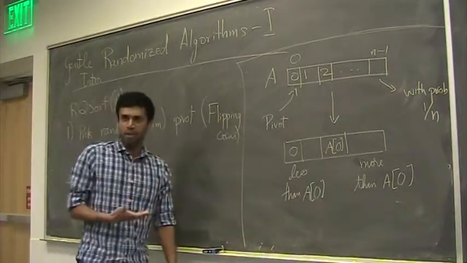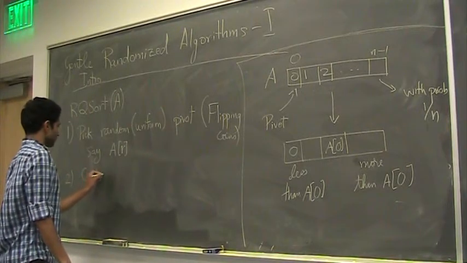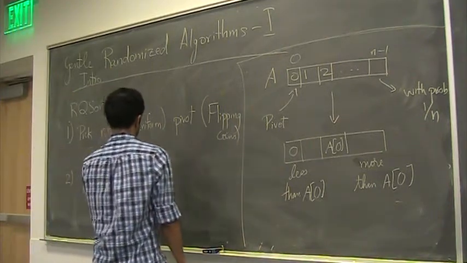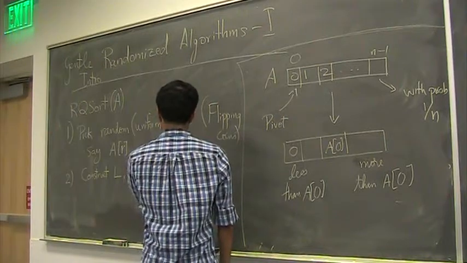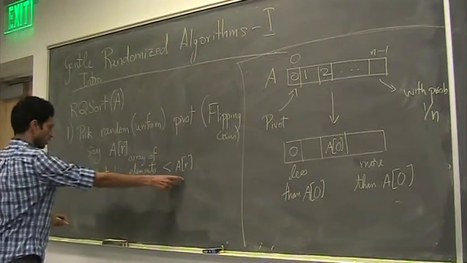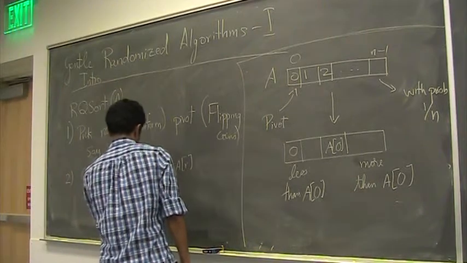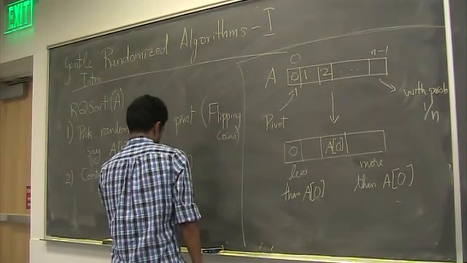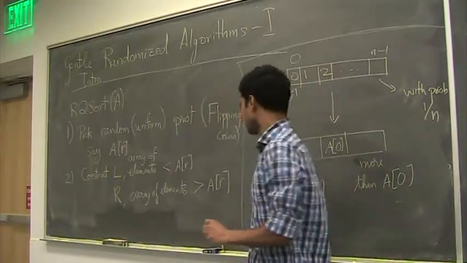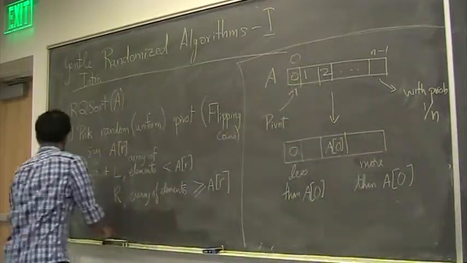And then now there are ways in which you can partition, but what you do is you can just say construct L, the array of elements less than AR, and then you construct R, the array of elements that's greater than or equal to AR, right?